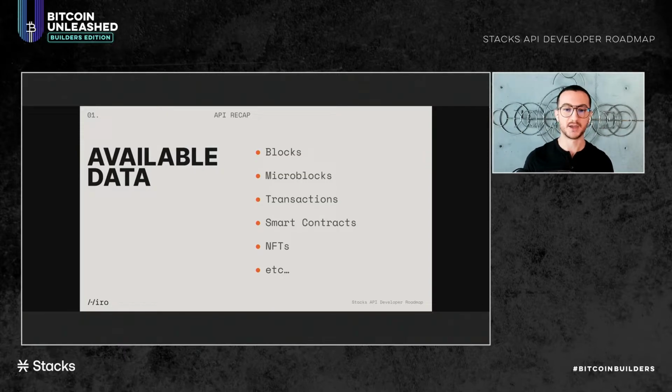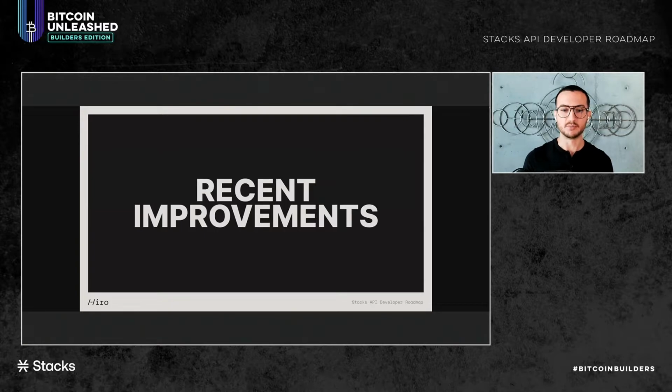And we work very, very hard to be able to increase this capacity so that more developers that are joining the Stacks ecosystem can use this API to power their applications and everything that they want to build on the ecosystem. So in order to do that, I'm going to give you a very quick recap on the improvements that we've made recently to the API to, again, make it faster and more useful for developers.